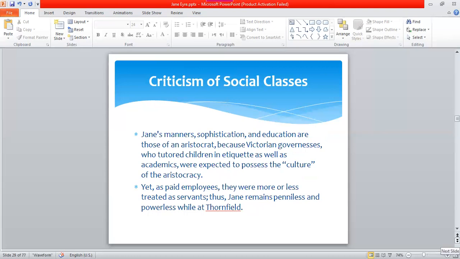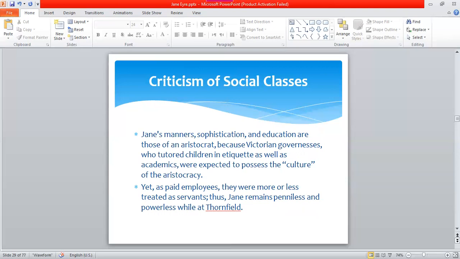The problem with the governess and Jane is that her manners, sophistication, and higher education are those of an aristocrat, because Victorian governesses, or teachers who tutored children in etiquette as well as academics, were supposed to possess the culture of the aristocracy.